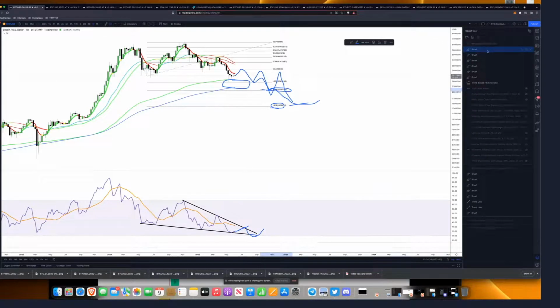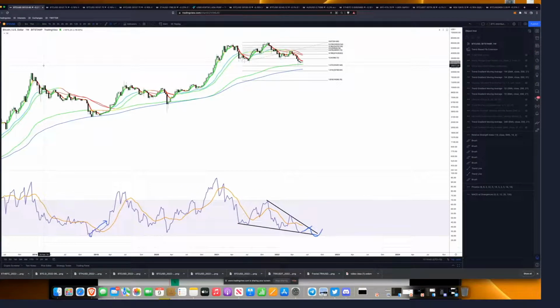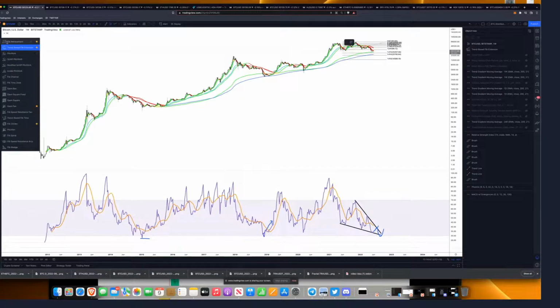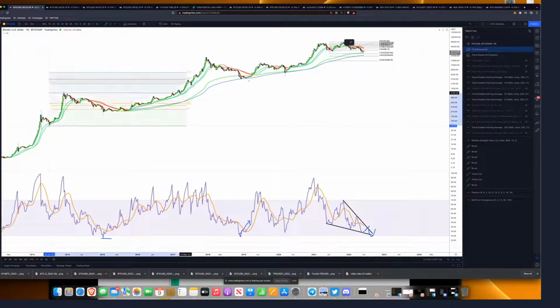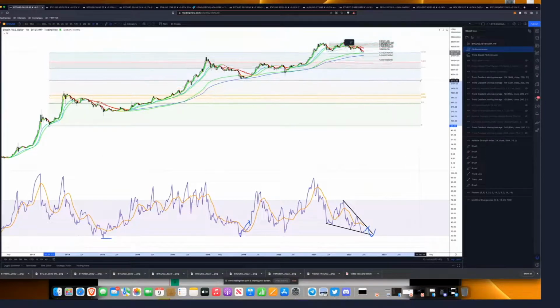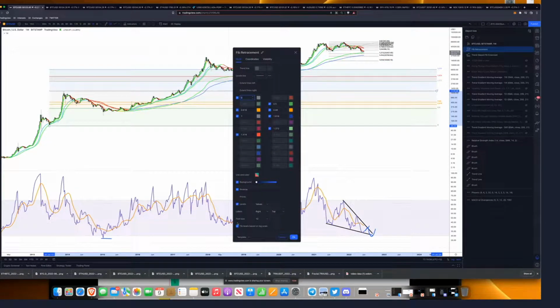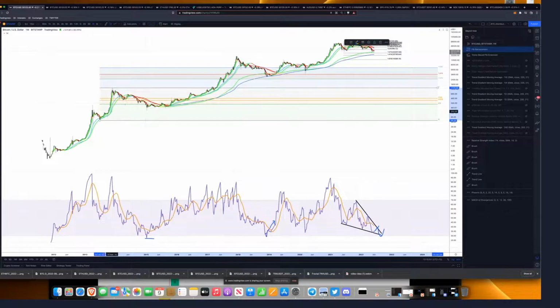Let's just do this for a sec. One more look at this from a different perspective. Give me a sec. No, I got it wrong. Where am I?